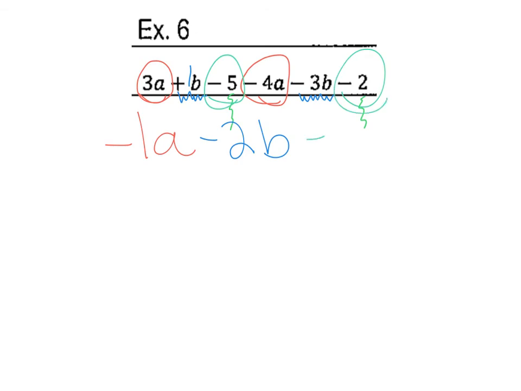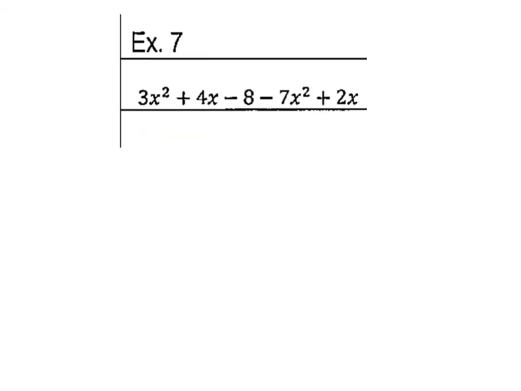Together they make negative 7. That is my final answer. Negative 1a minus 2b minus 7. Right? You're done. Don't do anything else. Okay, go on to example 8. Or example 7, excuse me.